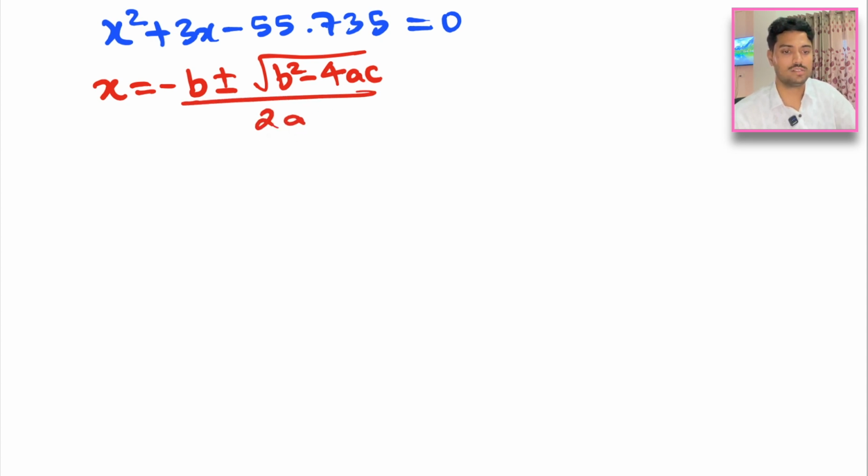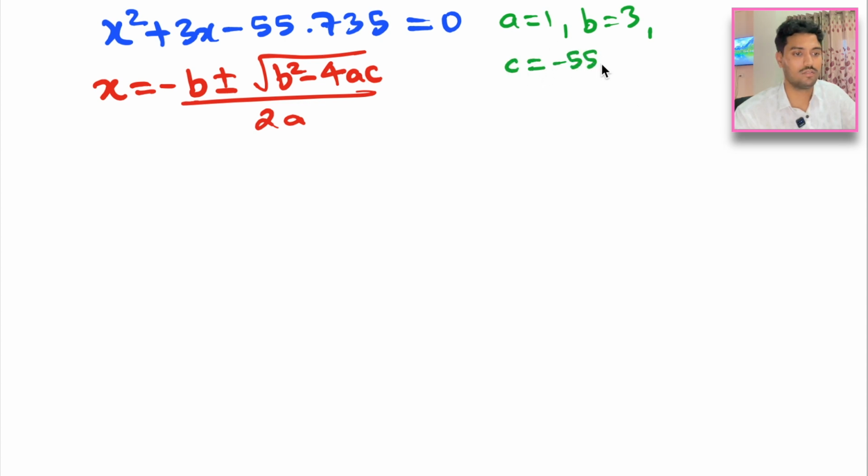If we substitute the values of a, b and c, we can clearly see that a is 1, b is 3 and c is minus 55.735. Now let's substitute it in the formula.